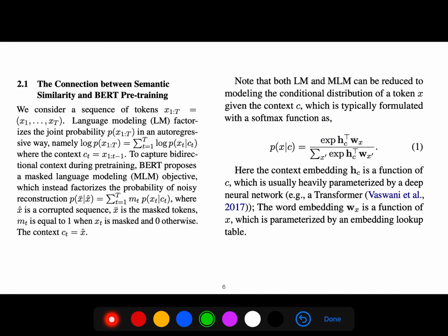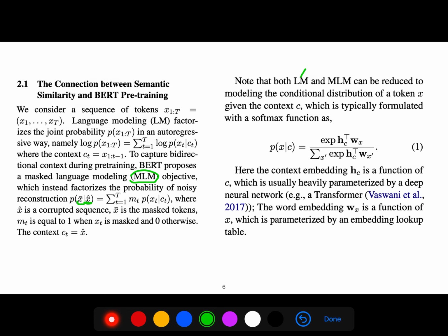There is a connection between semantic similarity and BERT pre-training. So we consider a sequence of tokens, and to capture bidirectional context during pre-training, BERT proposes masked language modeling, this MLM objective, which instead factorizes the probability of noisy reconstruction, where X hat is just a corrupted sentence, and X bar here is the mask token.